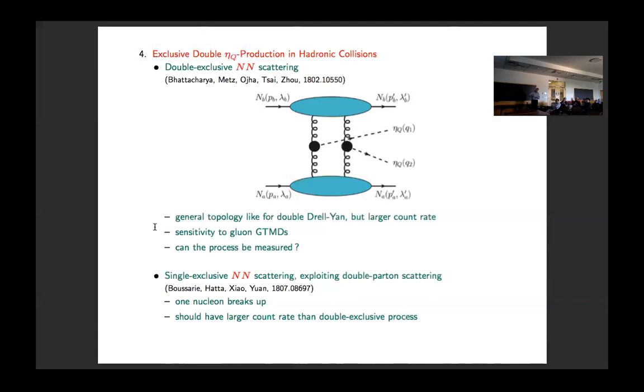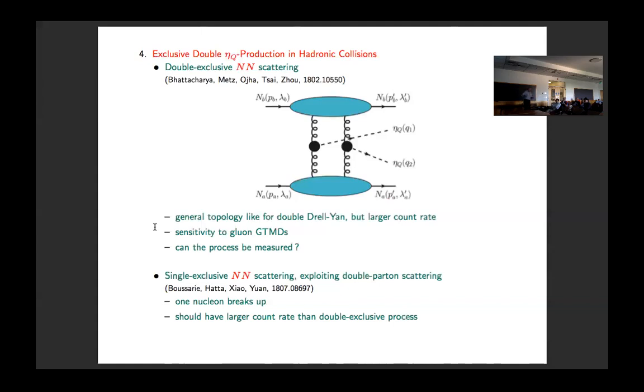If you cannot quantify that, one thing one could think of is, for instance, to look at ratios, or at a certain azimuthal correlation. What one has to understand is that it's not too long ago that nothing was known, and no process was known by which these can be measured.